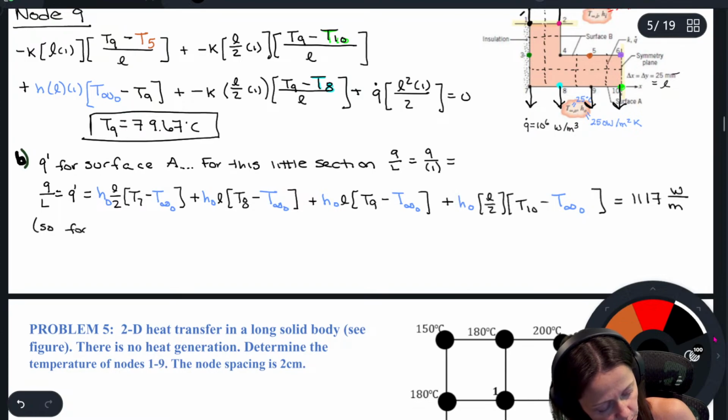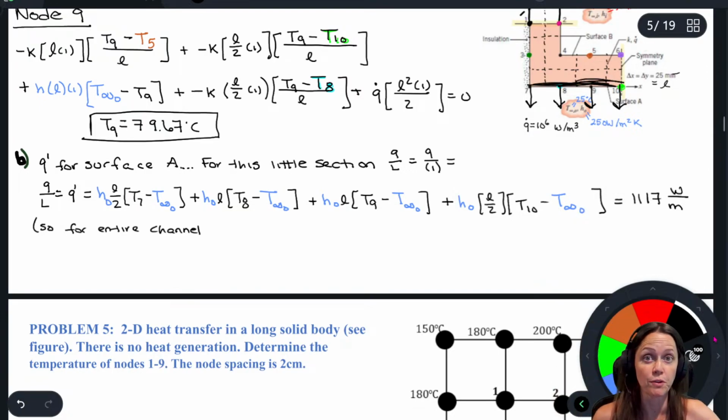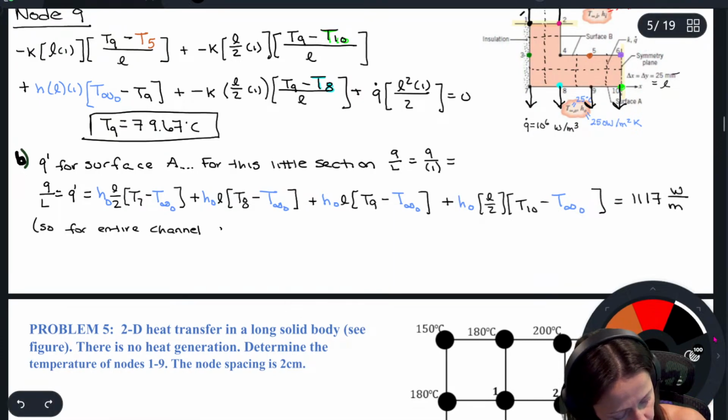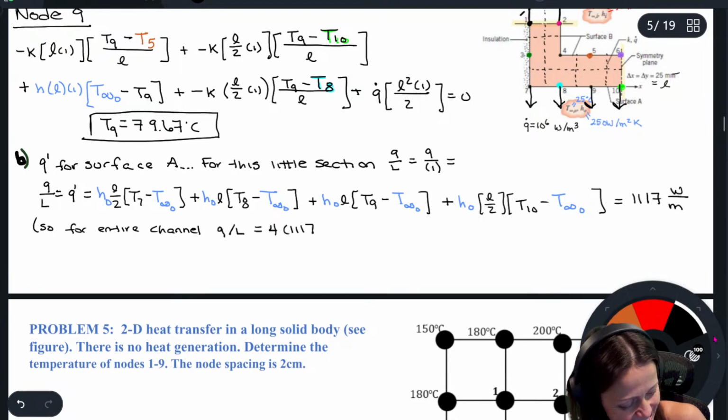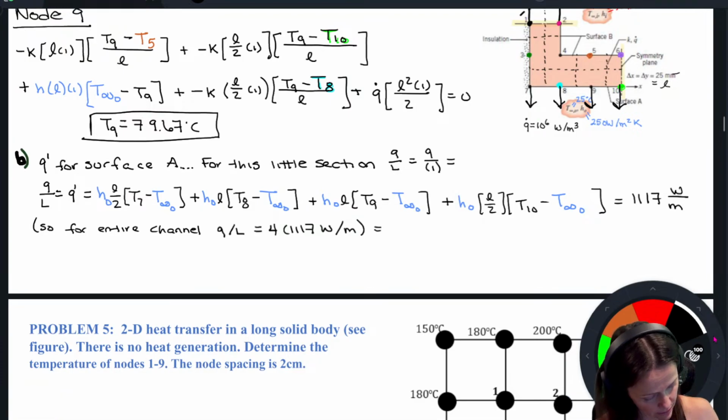So for the entire channel, remember you've really got 4 of those equivalent surfaces for the entire channel. So Q per unit length would be 4 times 1117 watts per meter.